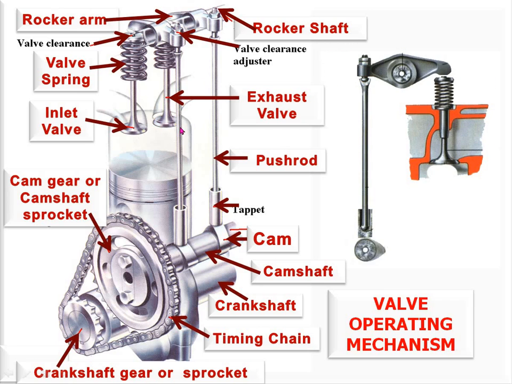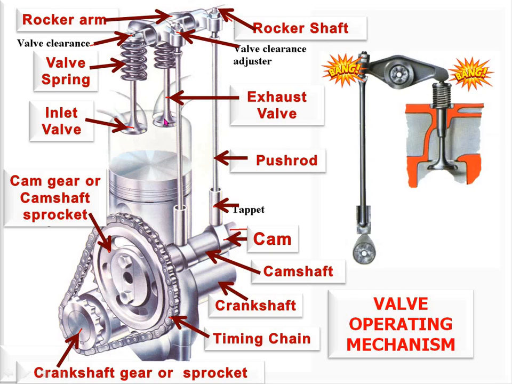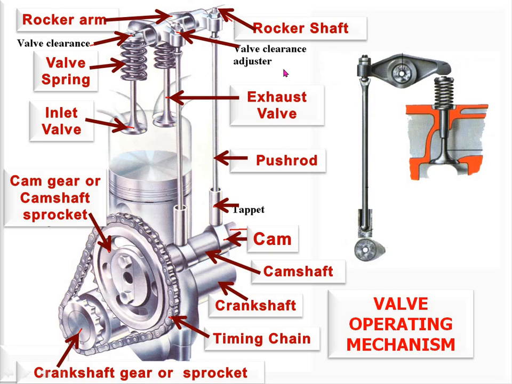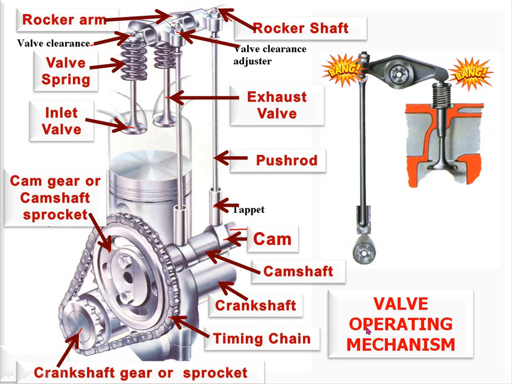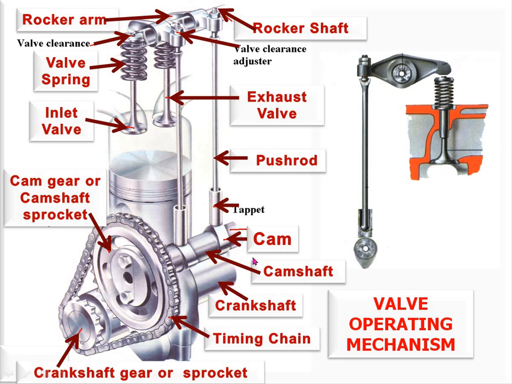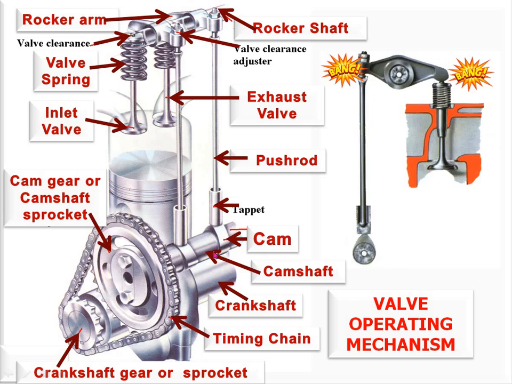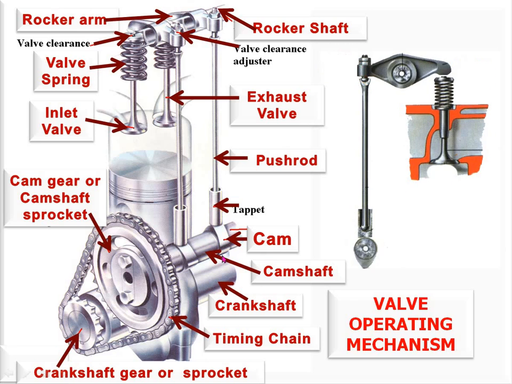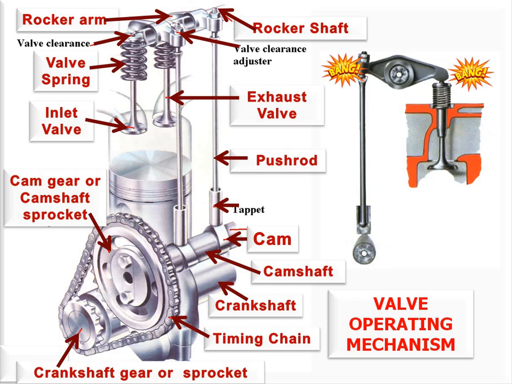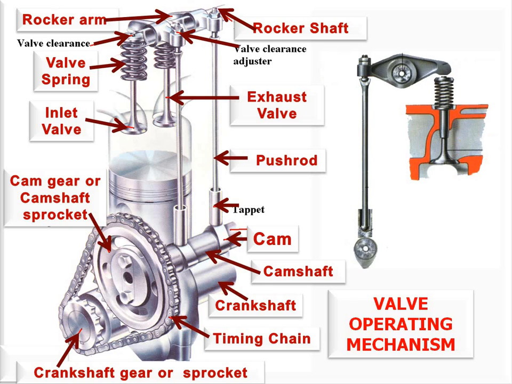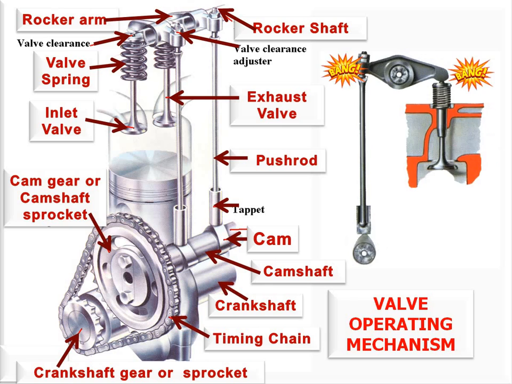At that time, our exhaust valve opens with the downward movement, and exhaust gases go out from the cylinder. So this is a valve operating mechanism which allows fresh air to enter the cylinder during the suction stroke, and expels the exhaust gases from the cylinder during the exhaust stroke in the four-stroke engine.